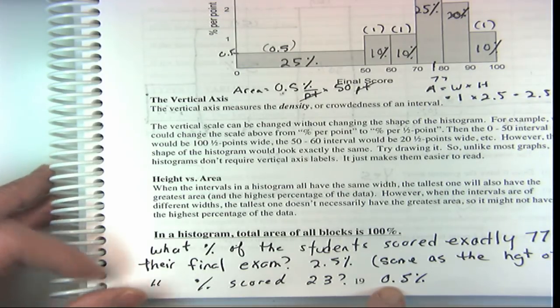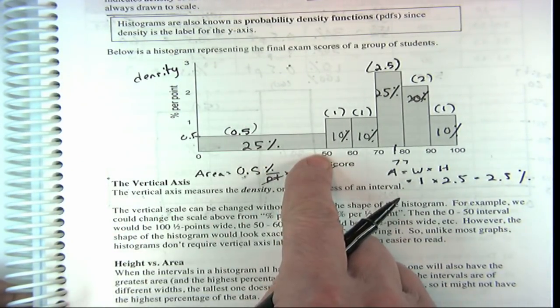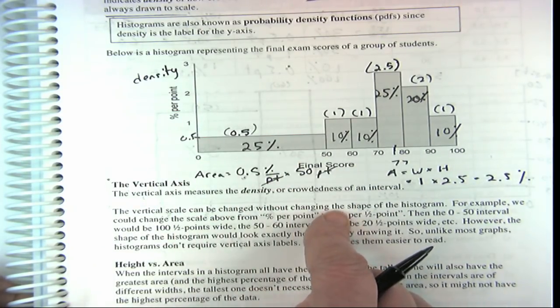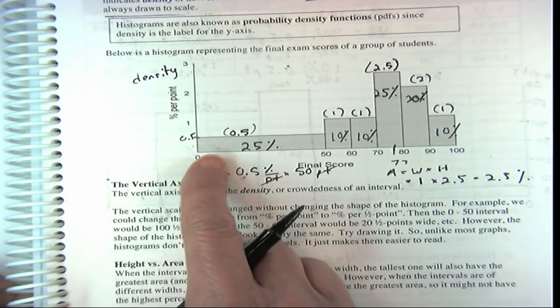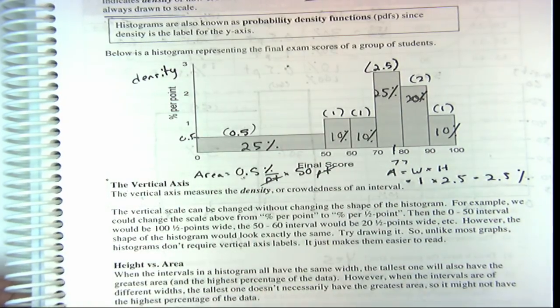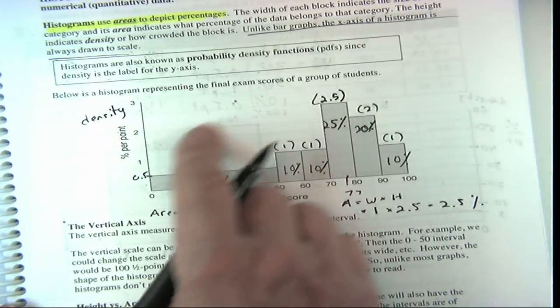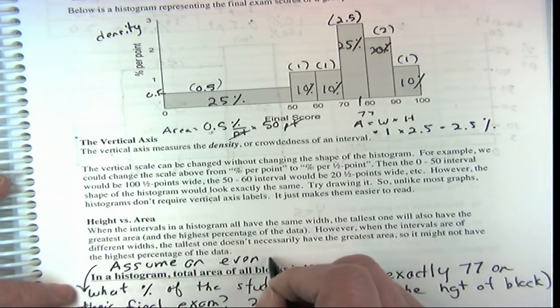But it's unlikely that there's an even distribution here, that this is completely even through here. It's very, very unlikely, right? Well, it could be, but it's so unlikely. But to answer these questions, when a histogram is drawn this way, for these questions, assume an even distribution throughout each interval.